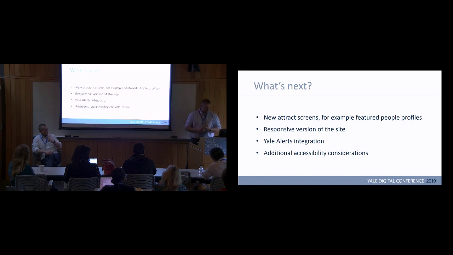One benefit of the responsive site would be that as long as somebody who's visually impaired has a phone that's configured to properly read a website, and we set up the website to perform well with screen readers, that would really solve that problem. We don't have a great solution for that right now, but enhancing this website to be more accessible would be one of our other next steps.